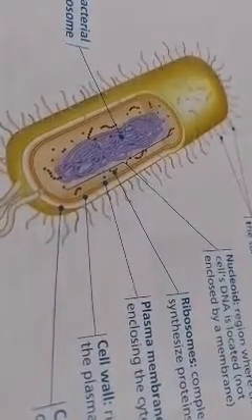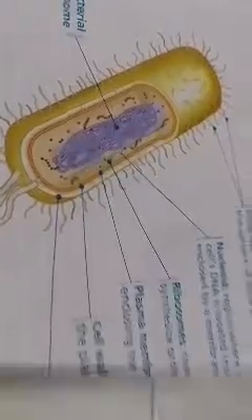Now what are we going to do? I am going to deal first with your plasma membrane. Fine, about the structure of the plasma membrane, and first I am going to deal with the eukaryotic cell, so that it becomes easy for you to understand the prokaryotic cell. Fine, how they are different from the eukaryotic cell.